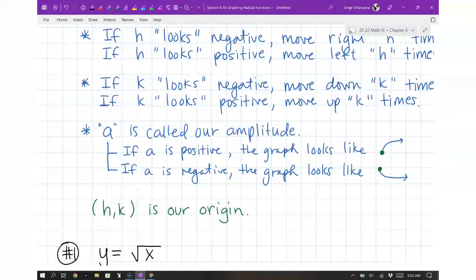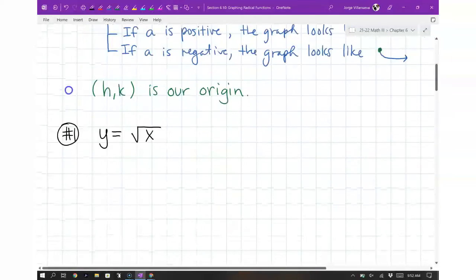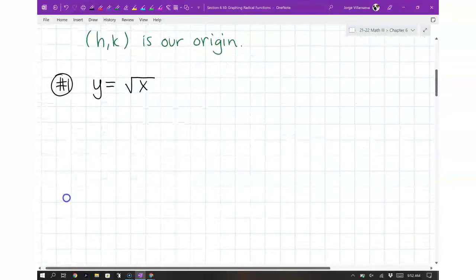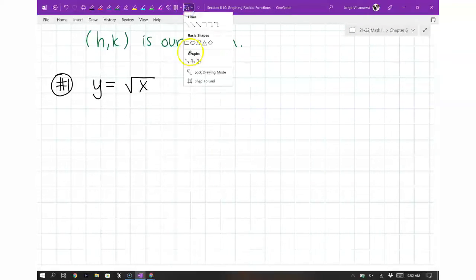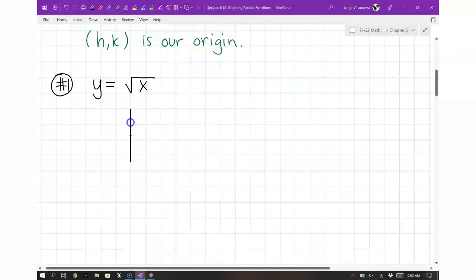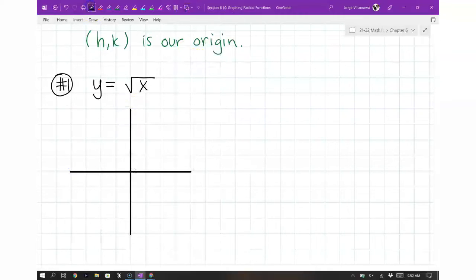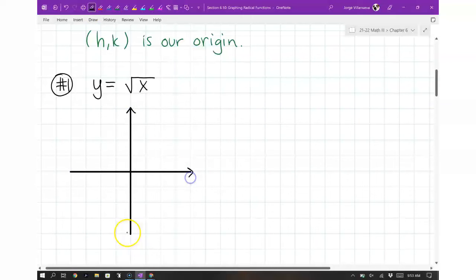Okay, so let me show you what I'm talking about. All right, so here's the first one. I'm going to create a graph here for us. That's one. I'm not making this a really big graph.